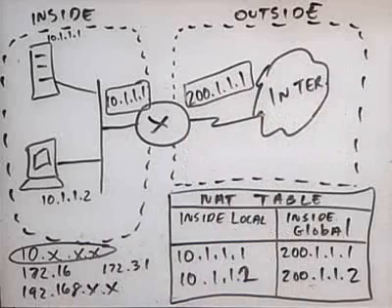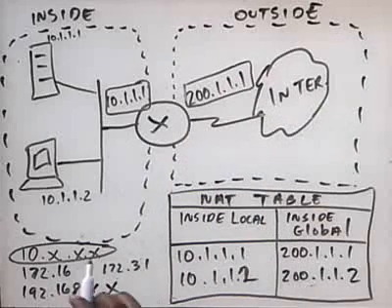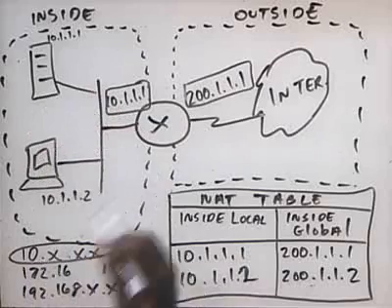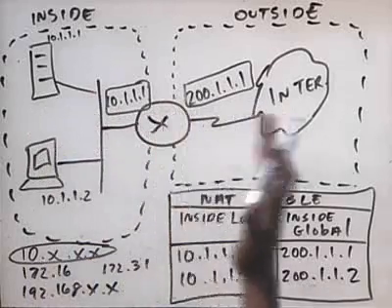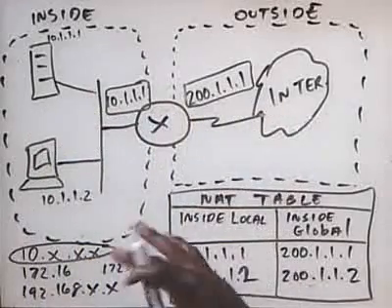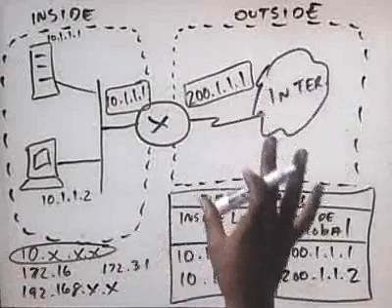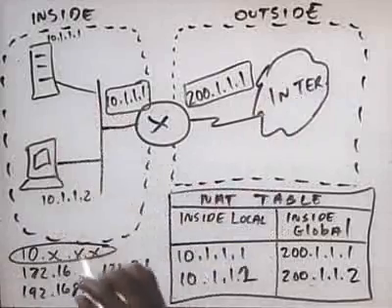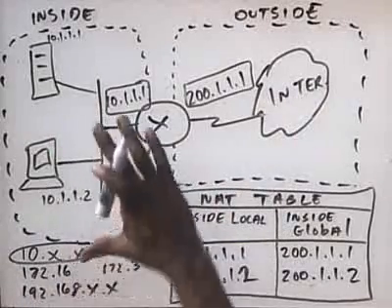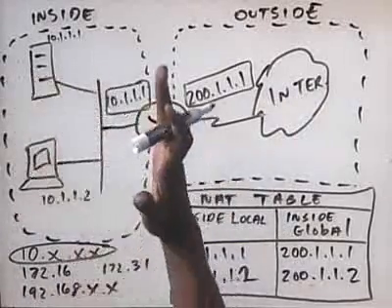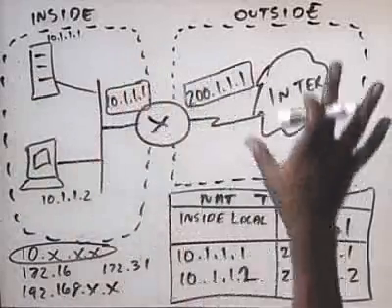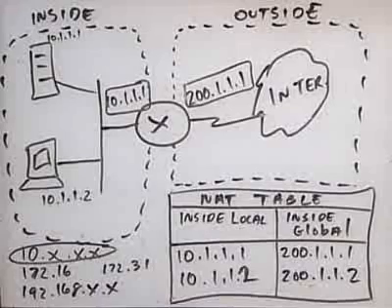But what they do is provide a larger range of addresses inside a company while using a limited number of addresses out on the internet, because they're running out of addresses on the public internet. So the company will use one set of addresses internally and then will translate those addresses at the router for usage on the public internet.